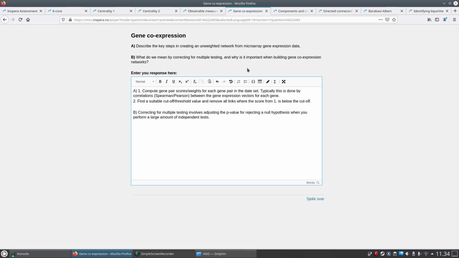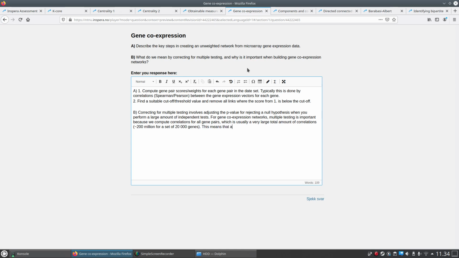And so in general, to summarize, we can say that for gene co-expression networks, multiple testing is important because we compute correlations for all gene pairs, which is usually a very large total amount of correlations, approximately 200 million for a set of 20,000 genes, for instance.